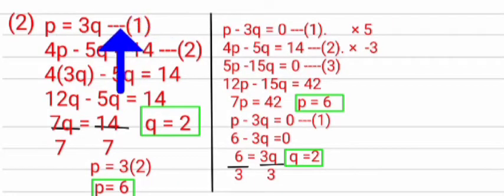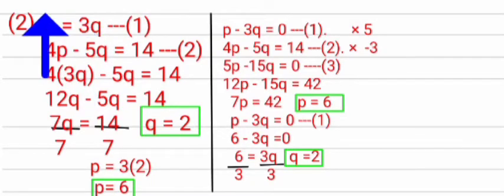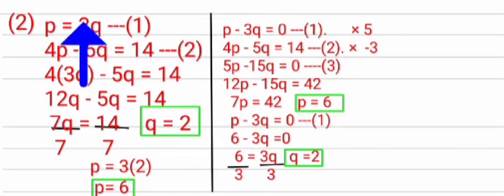When you start solving initially, you have to substitute into equation 2, not into any of the equations. You can't substitute, for example, 3q into equation 1, because that will give us 3q is equal to 3q, which does not make any sense.